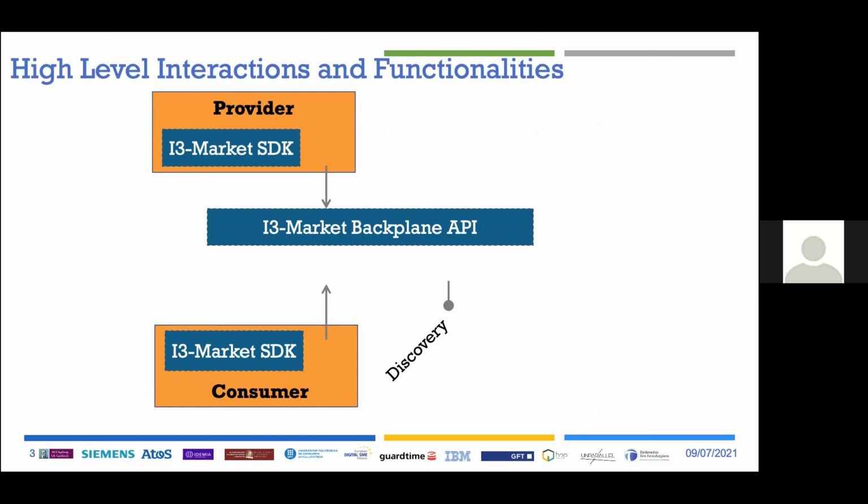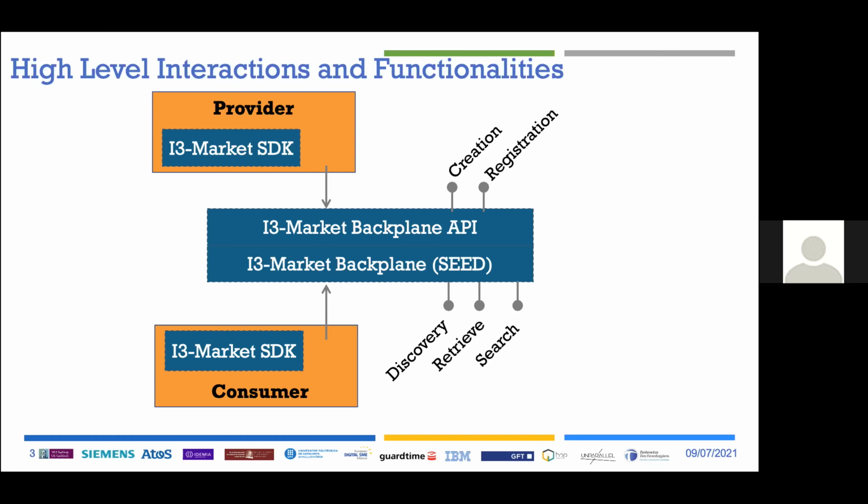From the provider perspective, someone can search, create, register, update and delete the offering. And from the consumer perspective, someone can search and discover the different offerings that are within the I3 market cluster or the ecosystem.